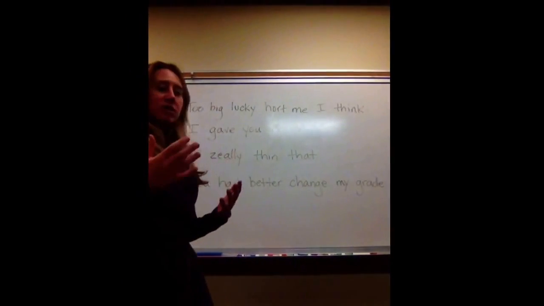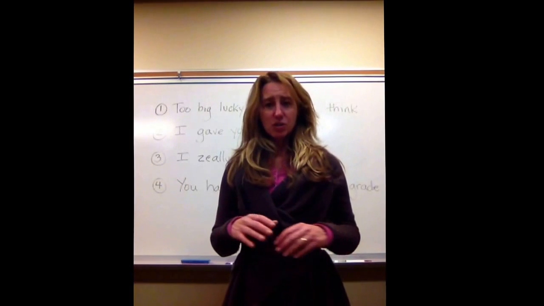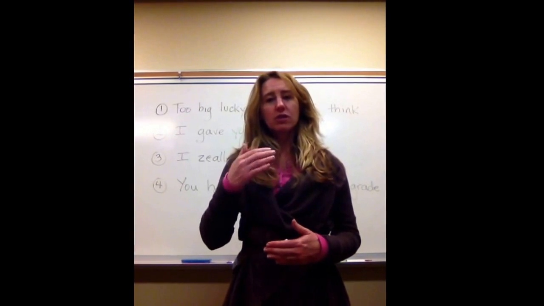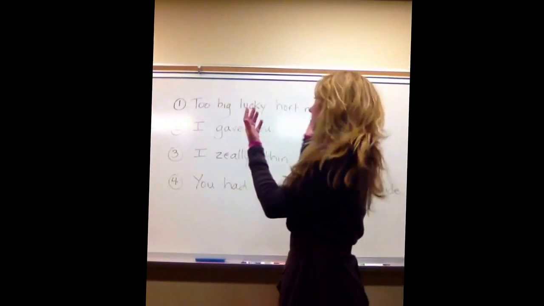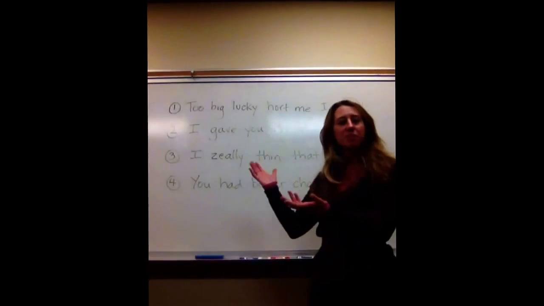And so I asked him, what does it mean? And he said that just like we try to avoid bad luck, he also thought that he should avoid really good luck, because in the end it can hurt you, which is, if you look at the sentence, "Too big lucky, hurt me, I think," it makes sense.